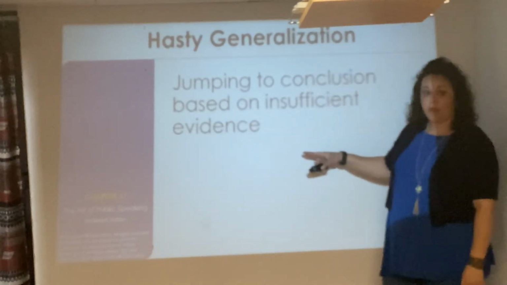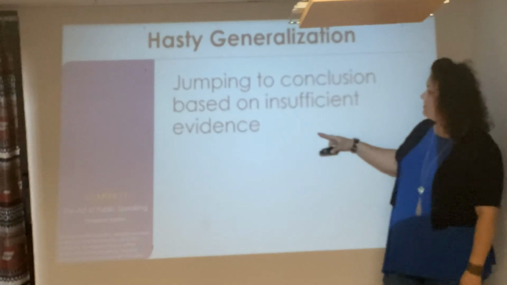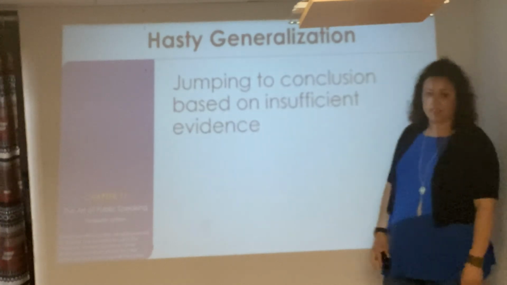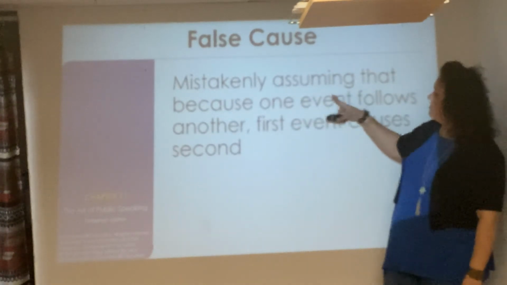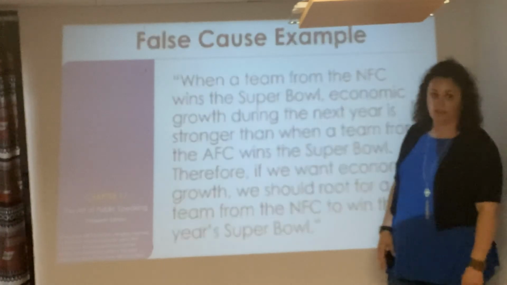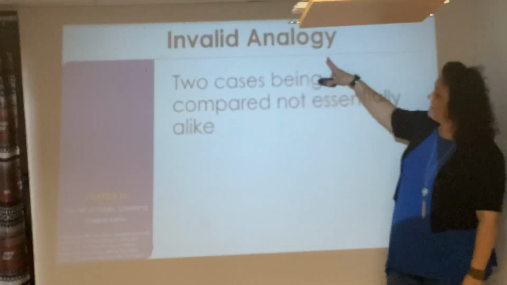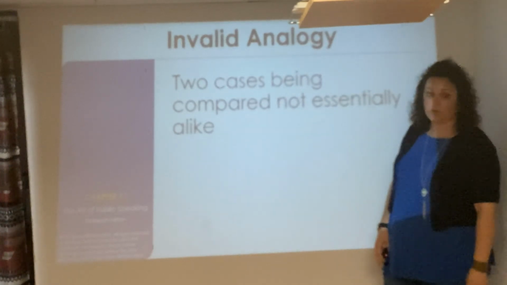We're going to quickly run through these again. Hasty generalization is jumping to conclusions based on insufficient evidence. False cause is mistakenly assuming that because one event follows another, the first event causes the second. Invalid analogy, the two cases being compared are not essentially alike. That's what makes it a fallacy.